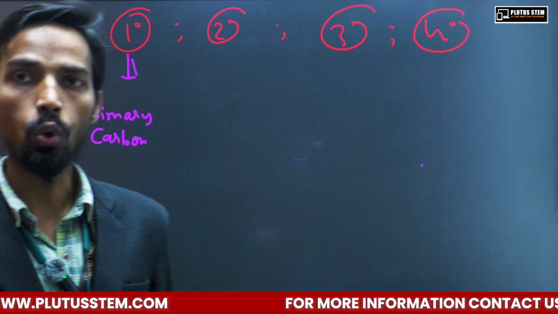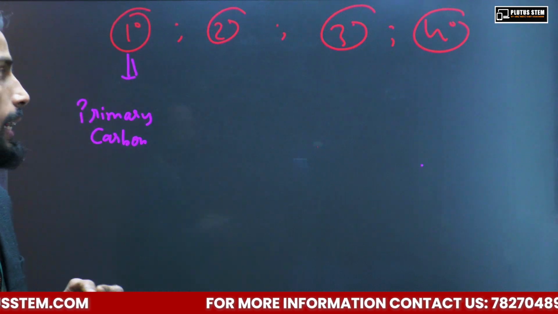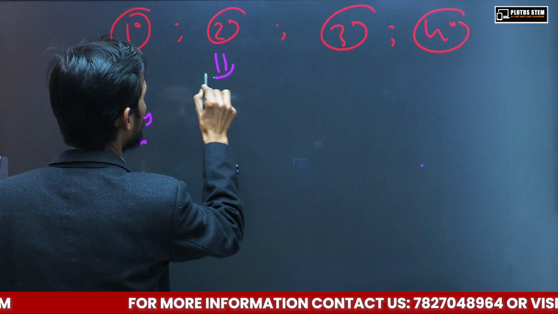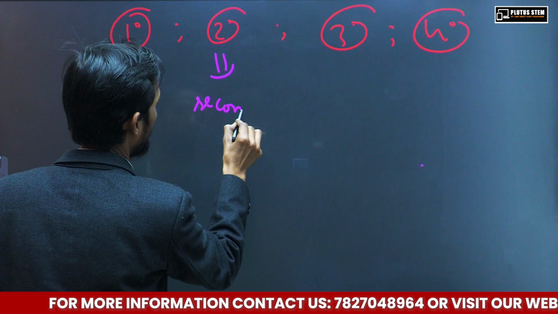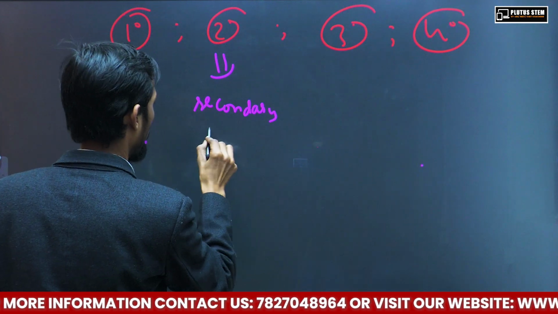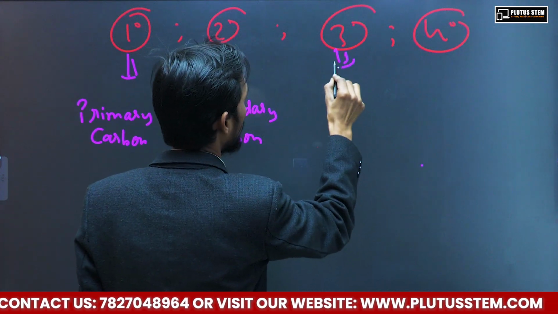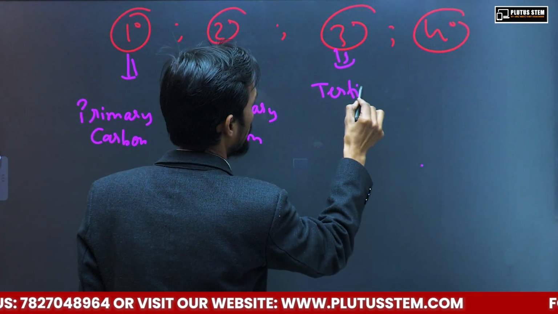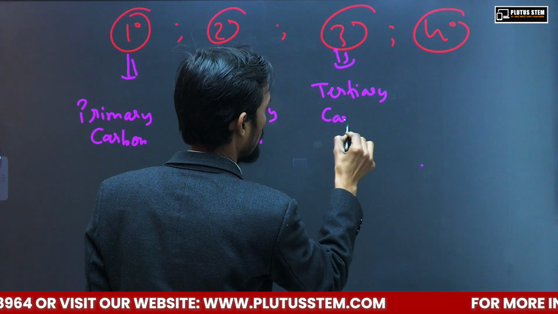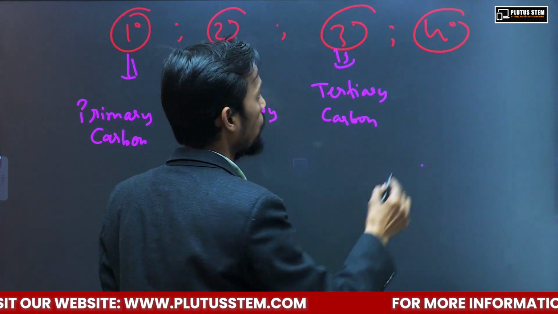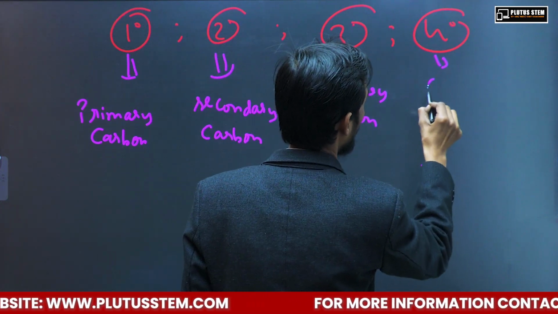2 degree is used when we are having secondary carbon, 3 degree for tertiary carbon, and 4 degree for quaternary carbon.